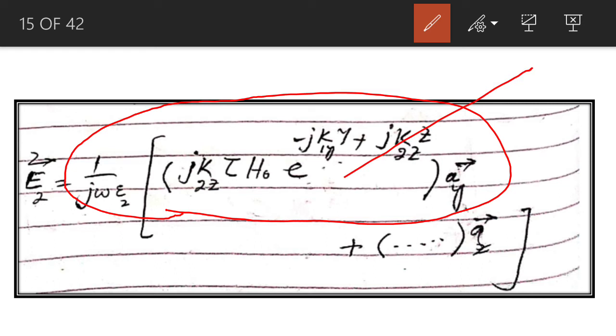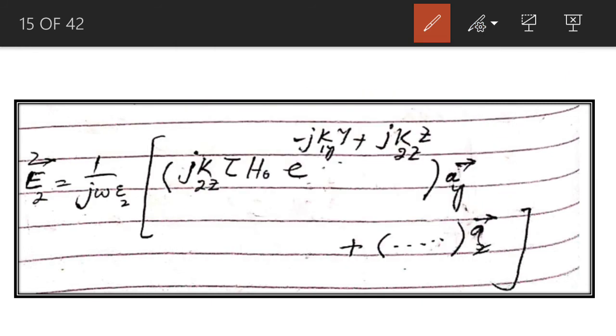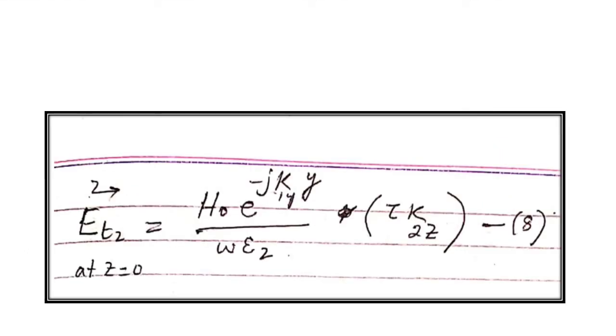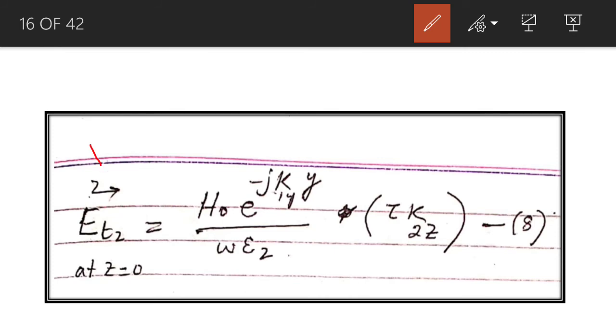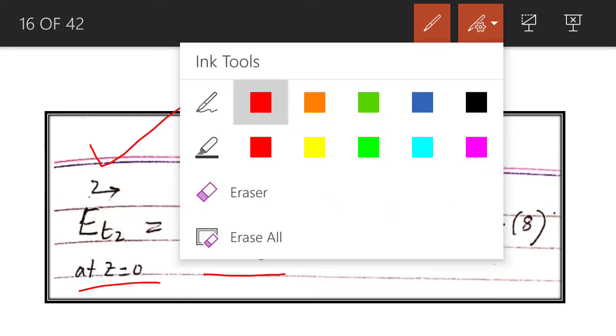If we put z is equal to 0 in this particular equation, the term with z over here will become equal to 0. So we consider the tangential component of the electric field intensity in medium number 2 at z is equal to 0. So we get H naught into e raised to power minus jk1yy divided by omega epsilon 2, and then we have tau k2z.